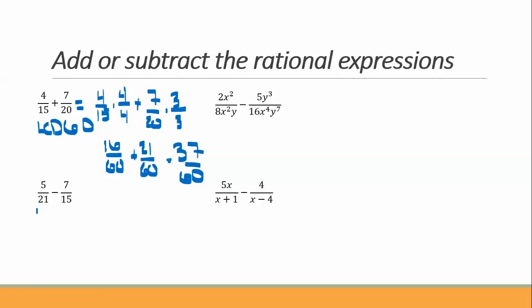15 and 21 are our denominators. So 21 is 3 times 7. 15 is 3 times 5. So our least common denominator is going to be 3 times 5 times 7, or 21 times 5, which is 105.